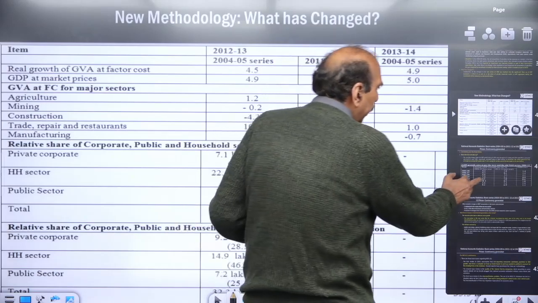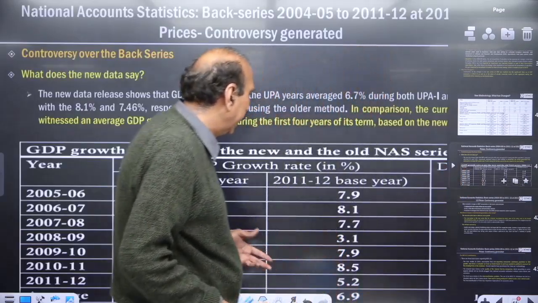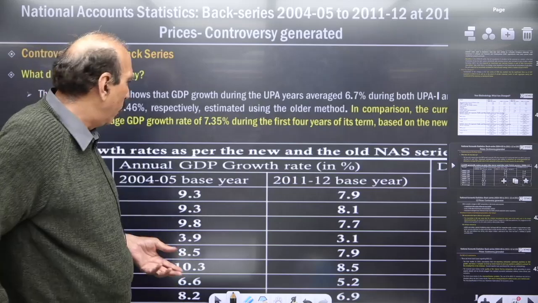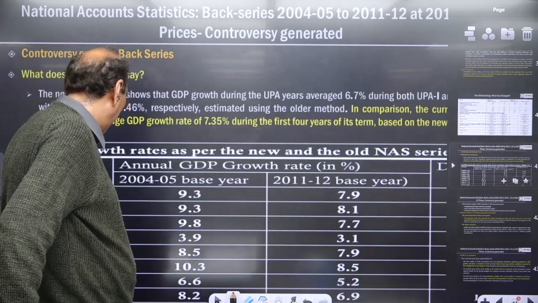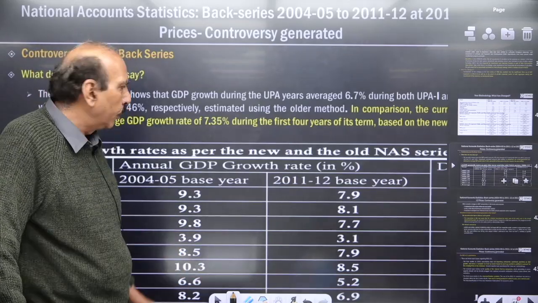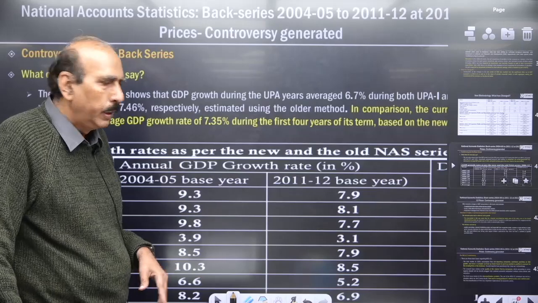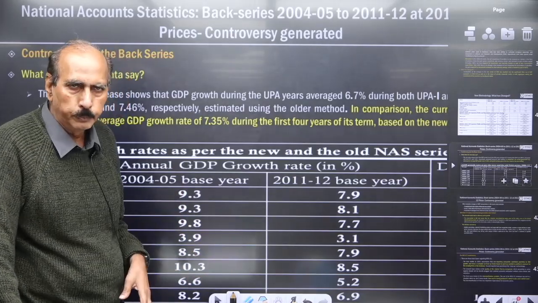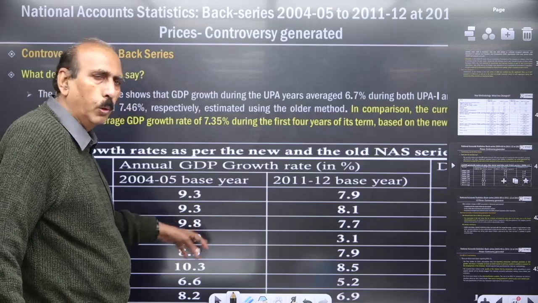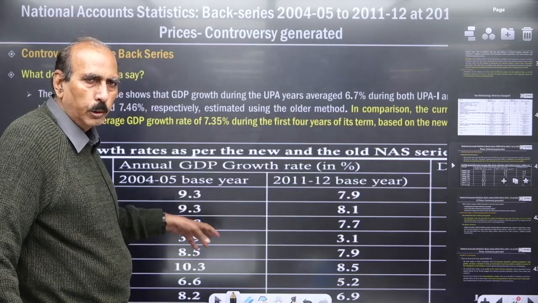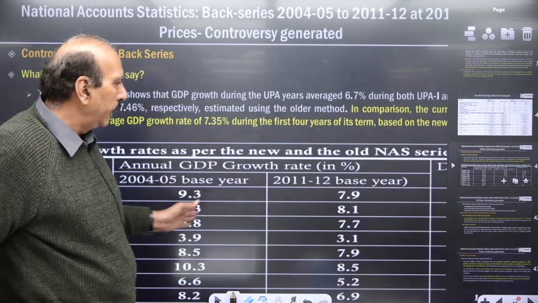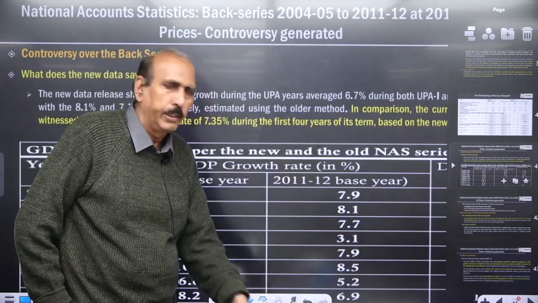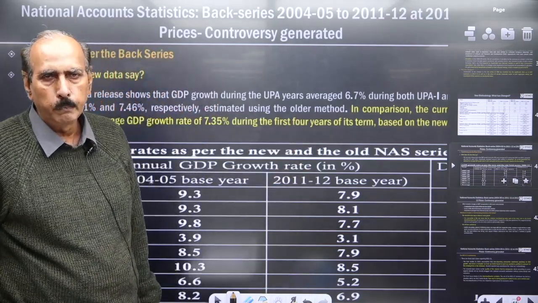And you see this table. This table created the controversy. If you go by 5-6 to 11-12, and you apply the old methodology, the rate of growth was 9.3, 9.3, 9.8, etc. But you apply the new methodology, rate of growth has significantly changed, reduced.